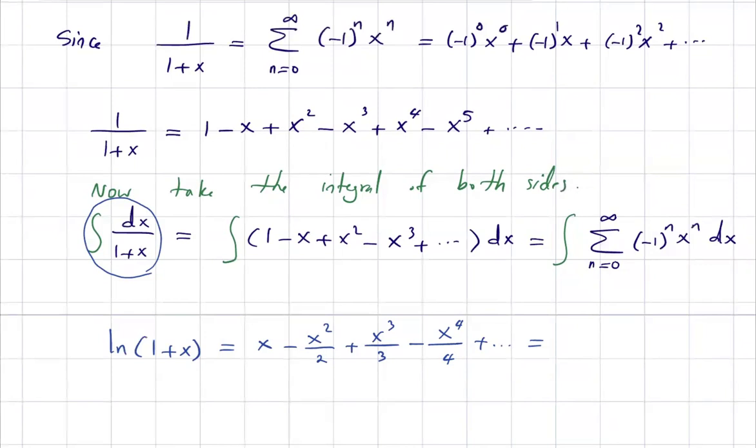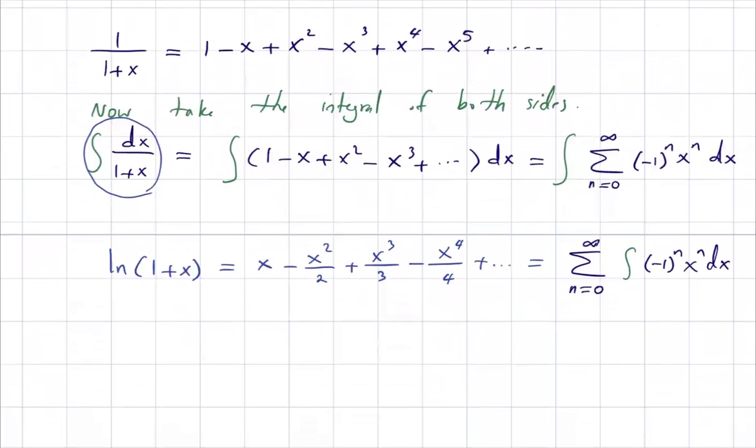So it means that if I just move the integral inside the sum, I have the summation of the integral of (-1)^n, but we are taking the integral with respect to x, everybody. It doesn't change (-1)^n at all.